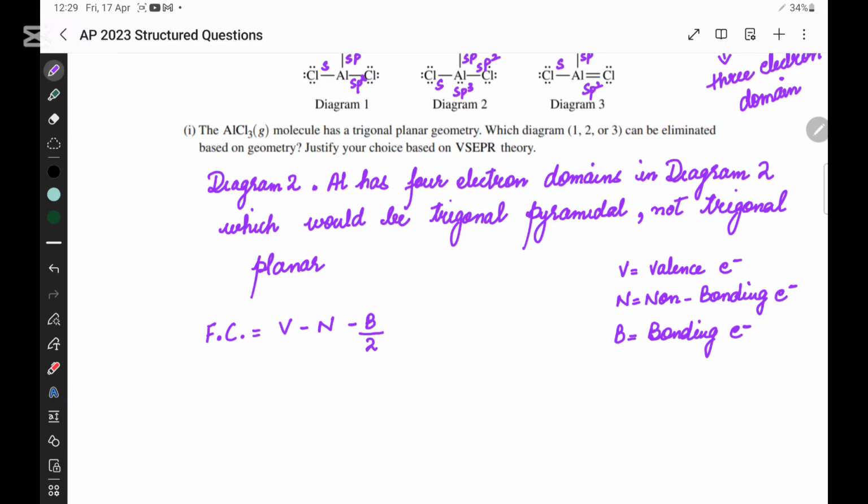So first we can find it for diagram 1. In diagram 1, we can find out first for aluminium. Valence electrons of aluminium: it belongs to group 3, so having 3 electrons, minus non-bonding electrons.